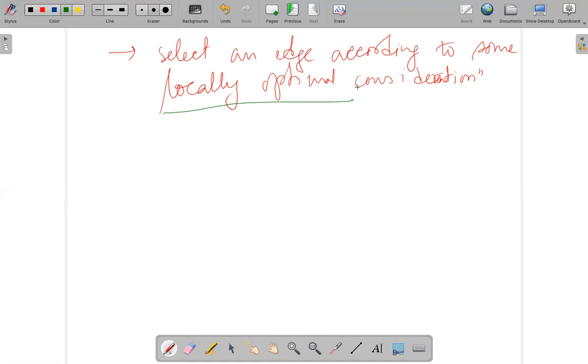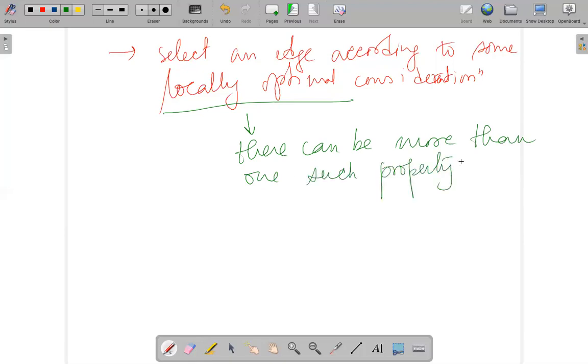It turns out that there is no single such property. There can be more than one such locally optimal property that one can choose.